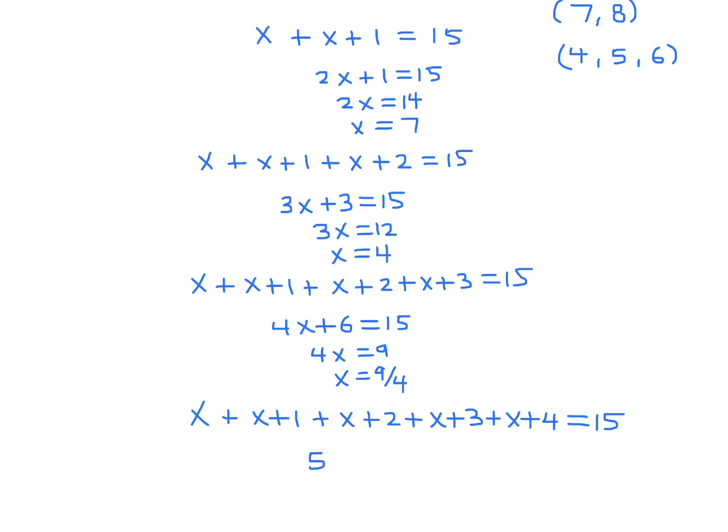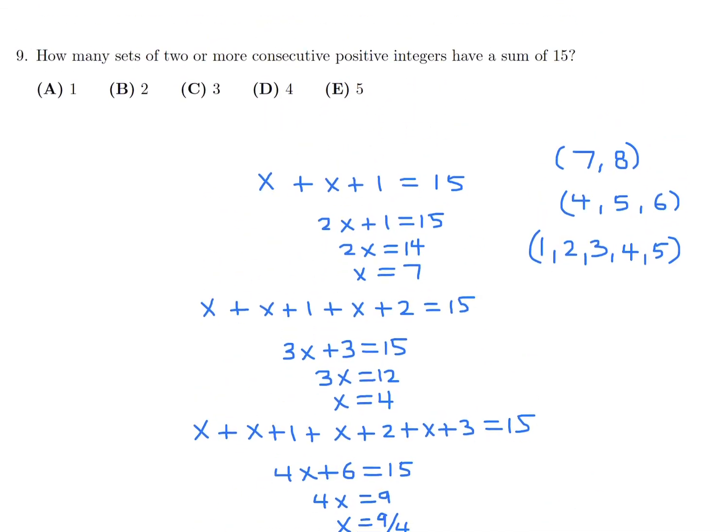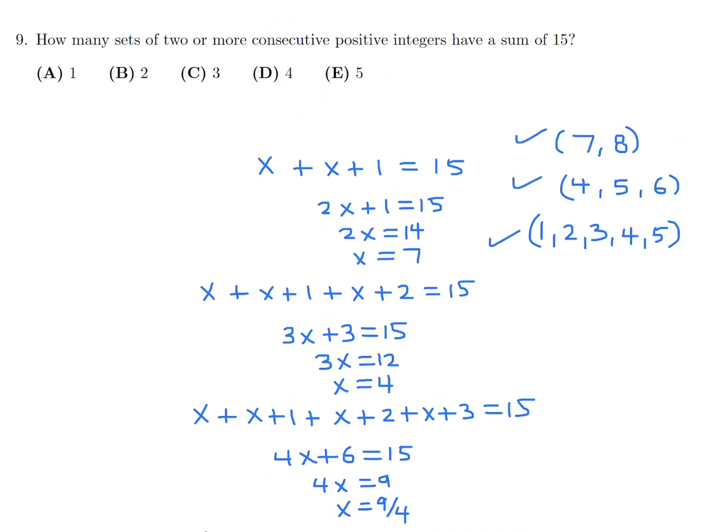This gives me 5x plus 10 is equal to 15. And 5x is therefore equal to 5, and x is equal to 1. So that would mean that set is 1, 2, 3, 4, 5. And then any other similar equation would give me a value of x that's less than 1, and that would therefore not be a positive integer. So how many sets did I get? I got 1, 2, 3. So number 9, the answer is C.